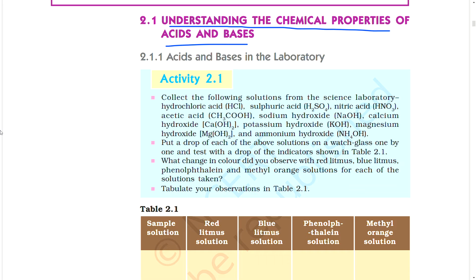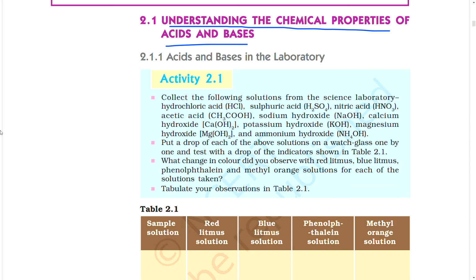Collect the following solutions from the science laboratory: hydrochloric acid HCl, sulfuric acid H2SO4, nitric acid HNO3, acetic acid CH3COOH, sodium hydroxide NaOH, calcium hydroxide Ca(OH)2, potassium hydroxide KOH, magnesium hydroxide Mg(OH)2, and ammonium hydroxide NH4OH.